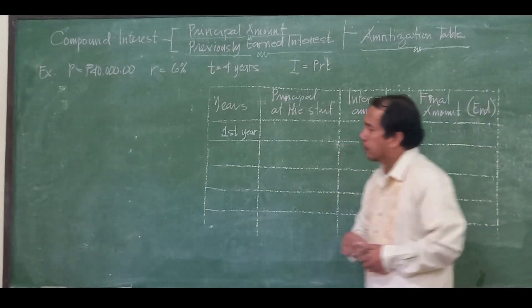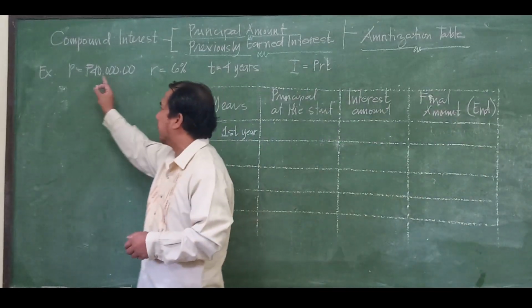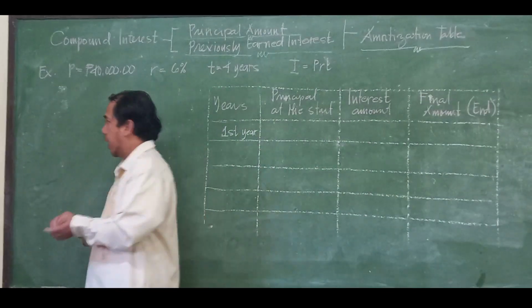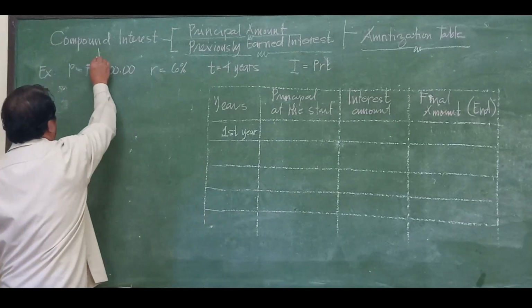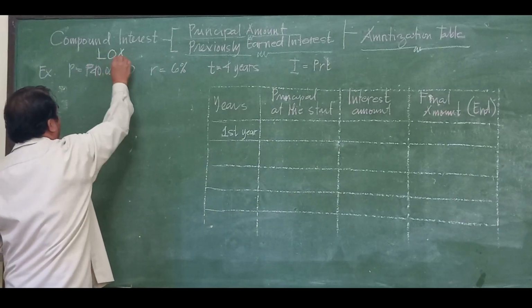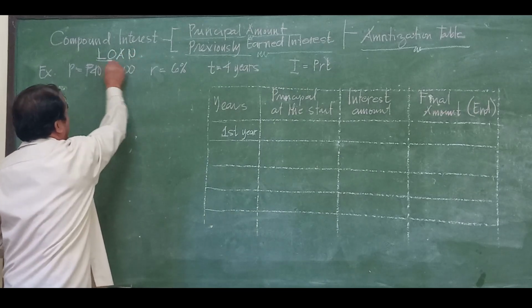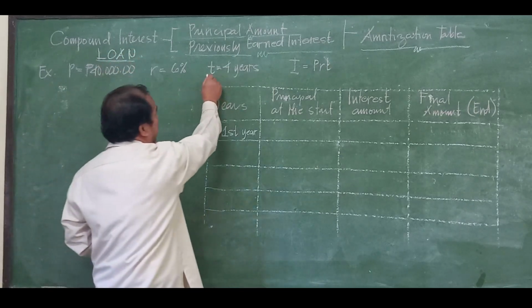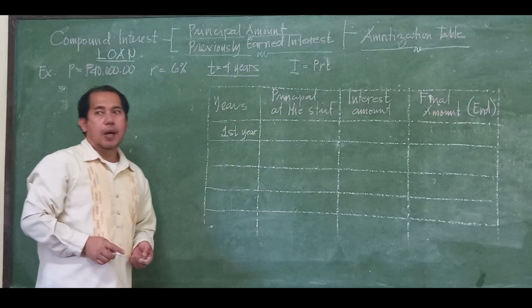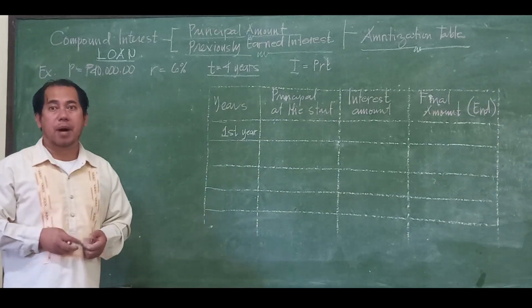For example, our problem is we have in here a loan. A loan of 40,000 pesos that is to be paid within 4 years in an installment manner.